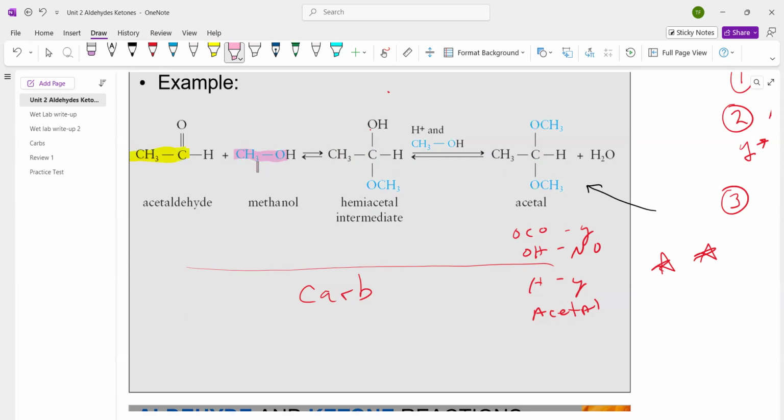So what's going to happen is the alcohol is going to attach here. And the second time, it's going to attach to the same carbon there and replace the OH.